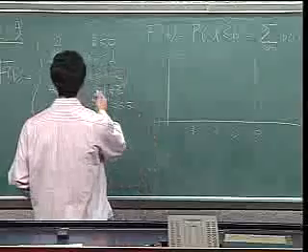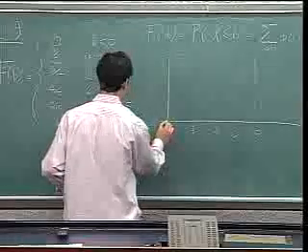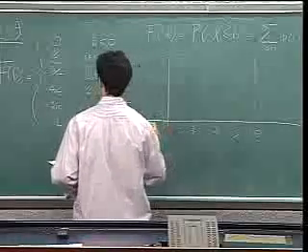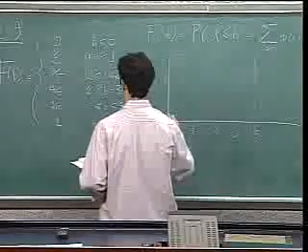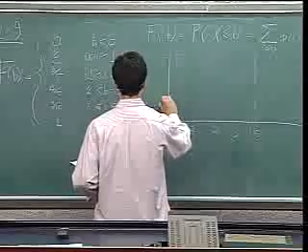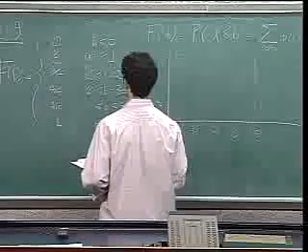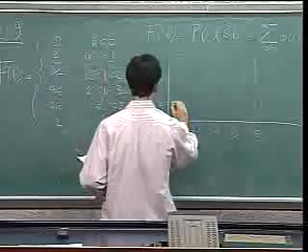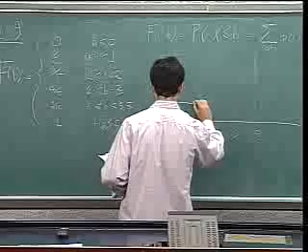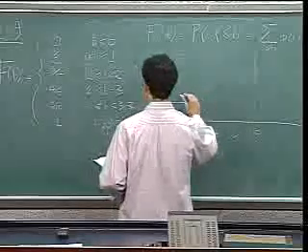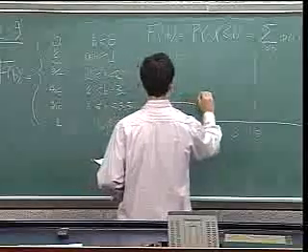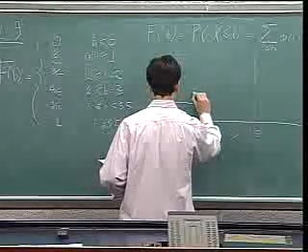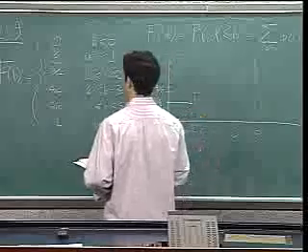So our function takes the value 0 before 0, and then at point 0, it jumps to 1/2. And then it remains 1/2 until point 1, where it again jumps to, this time, 3 over 5. And so on and so forth.